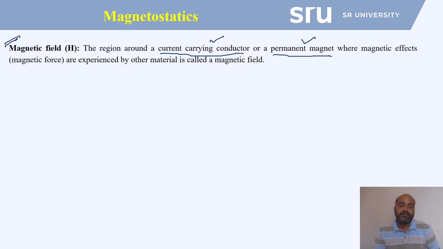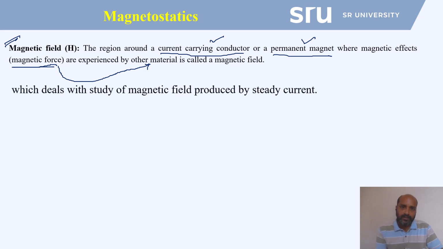In that region, magnetic effects will exist. Magnetic effect in the sense that a magnetic force will exist, and because of that magnetic force, if any other magnetic material is placed in that region, it will experience that magnetic force.